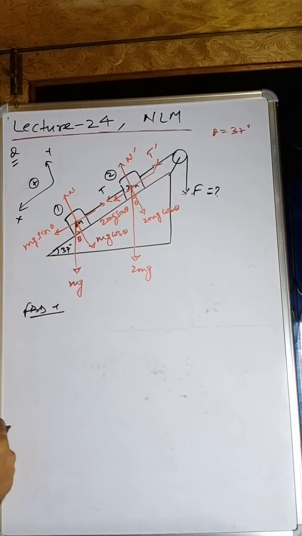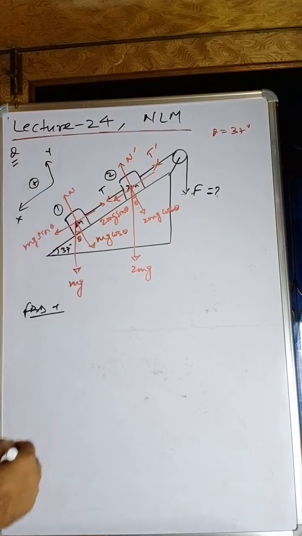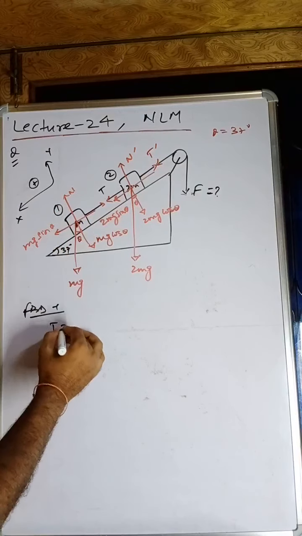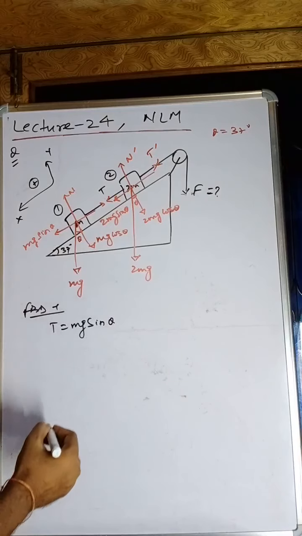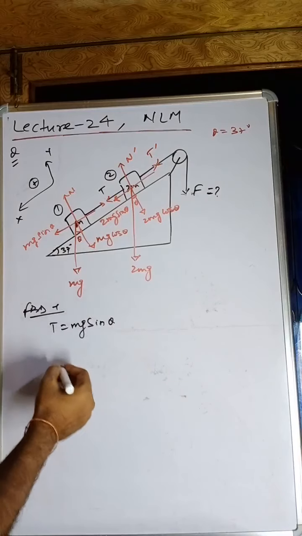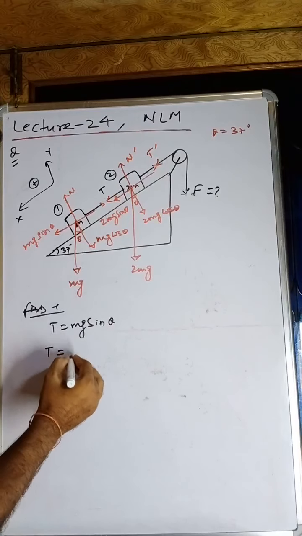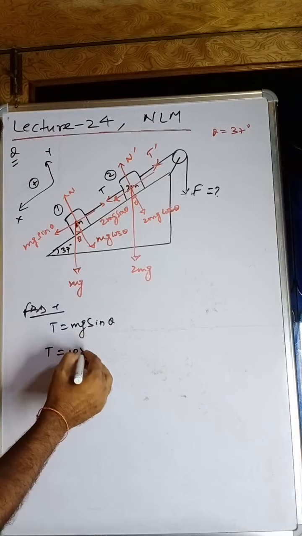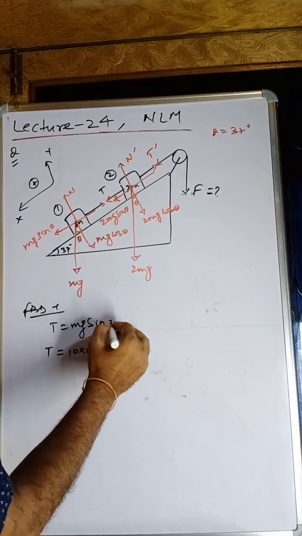You have to see only that, nothing more. Here mg sin theta is balancing T. So T equals mg sin theta.